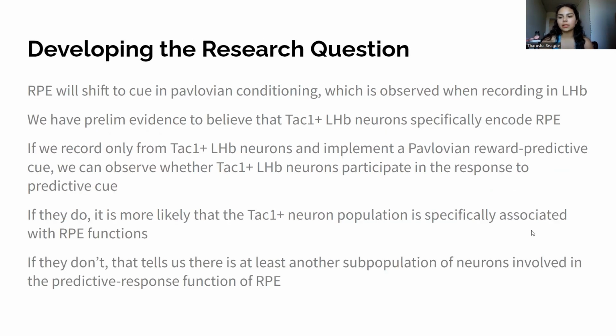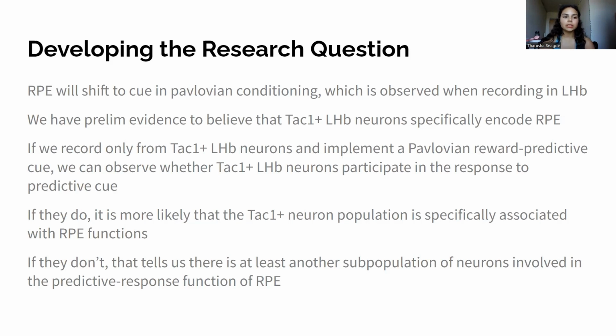So to develop the research question, we want to look at this potential group of neurons, these Tac1 neurons, and see, do they show other traits of RPE? And are they the only or the main subpopulation in the lateral habenula that's responsible for reward encoding?